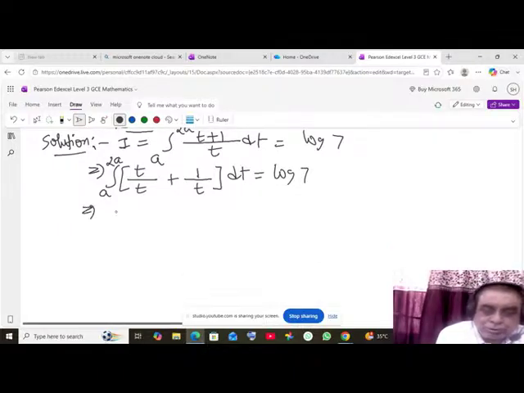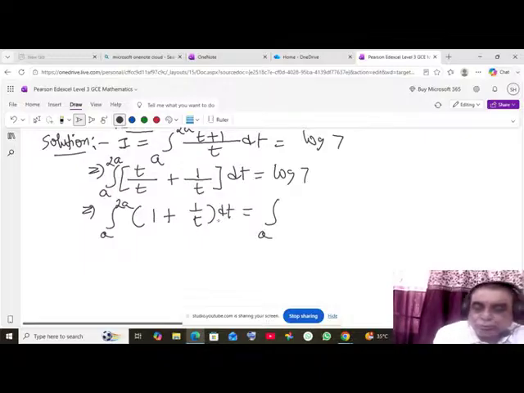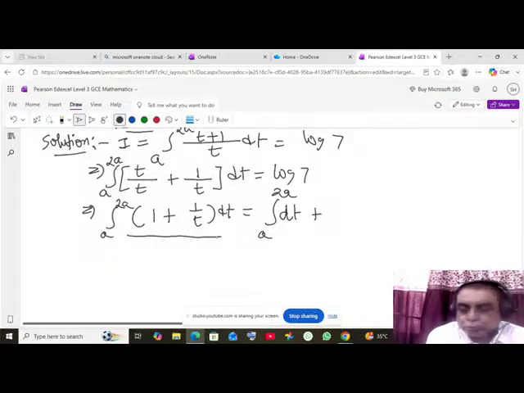This is the definite integral from a to 2a. t divided by t is 1, and 1 upon t dt. So that can be written like this: you write these two integrals separately. From a to 2a, 1 dt, that is only dt, the integral of dt. So I am breaking this whole integral into two parts.